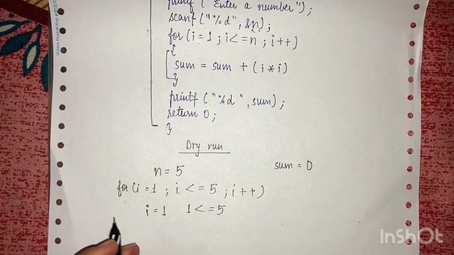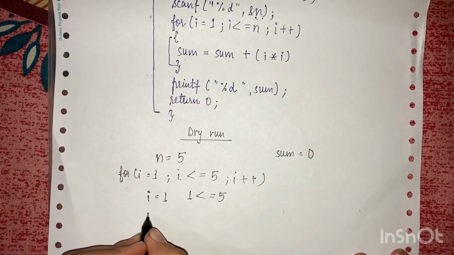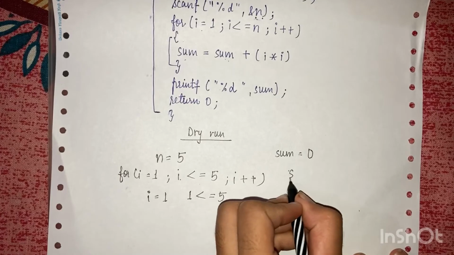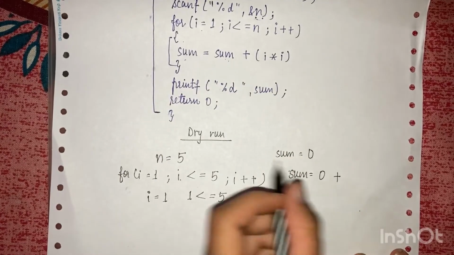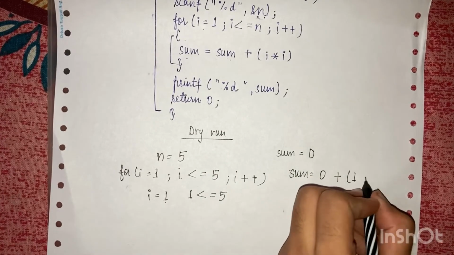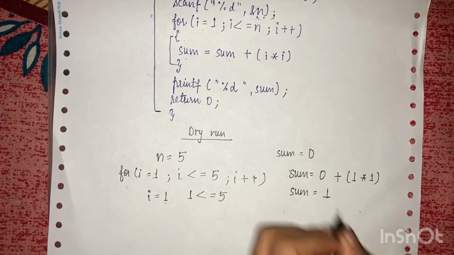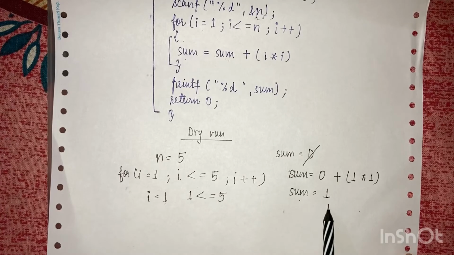This condition is true, so we will get inside the loop. Then we'll find sum, which is initially 0, so sum is equal to 0 plus i into i, which is 1 into 1. So value of sum is equal to 1. Now the value of sum is not 0 anymore, it is 1.